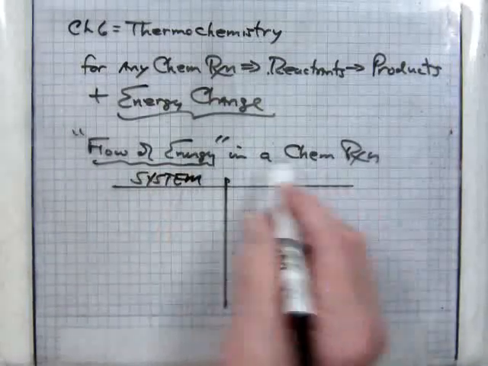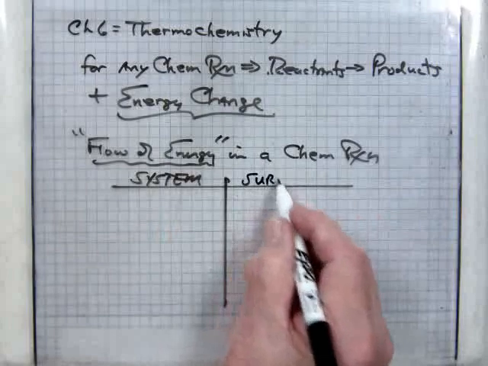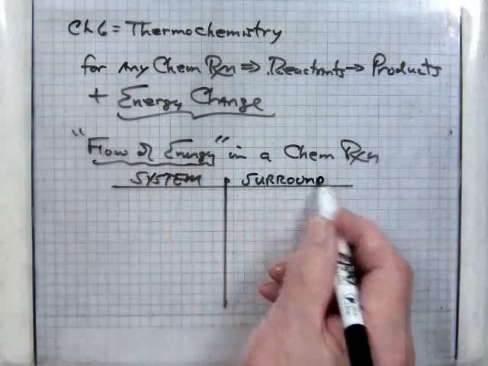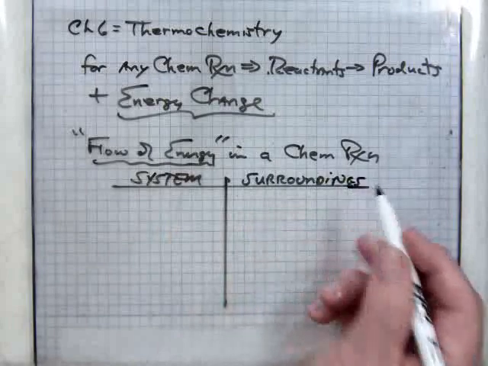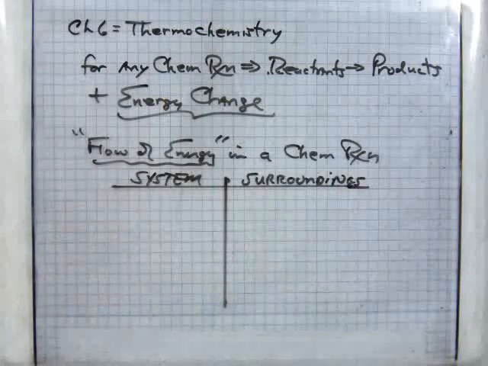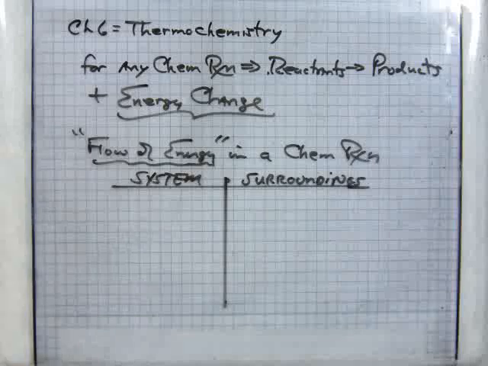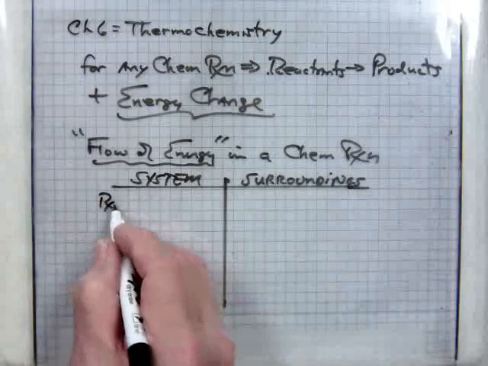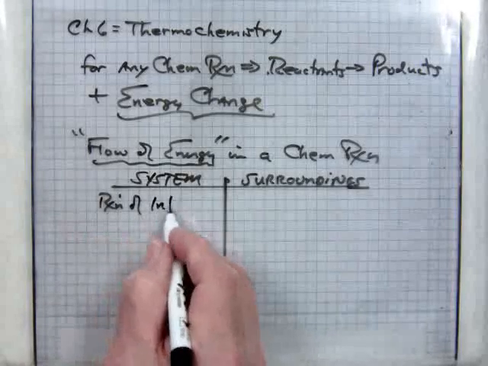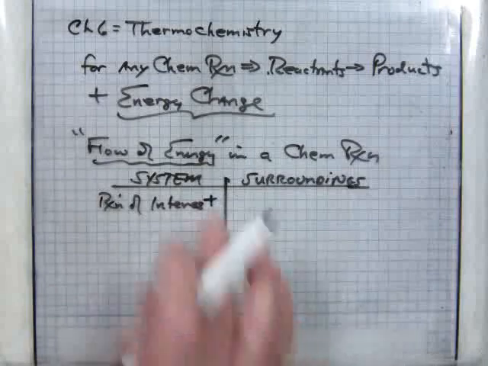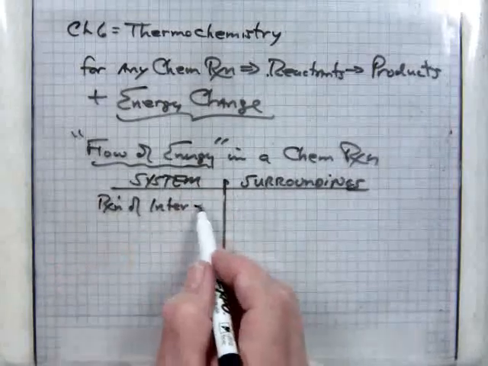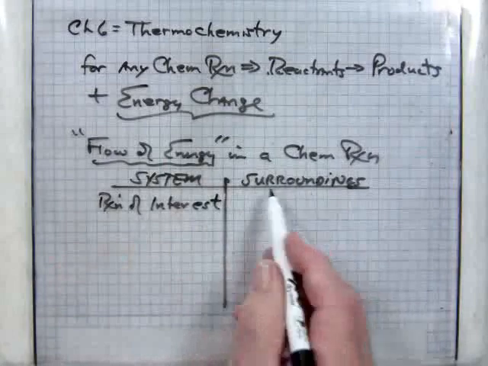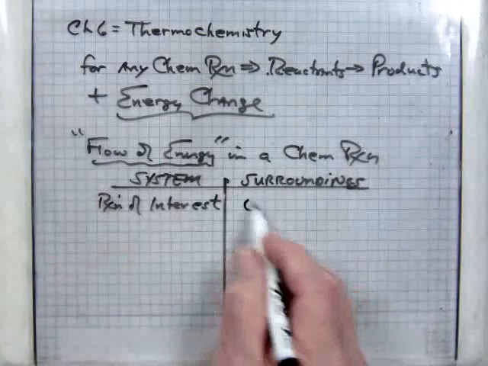On the right side of the T-table, surroundings. And we're considering the change in energy relative to the system giving off energy or absorbing energy. The system that in our case is the reaction of interest, whereas the surroundings represent everything else.